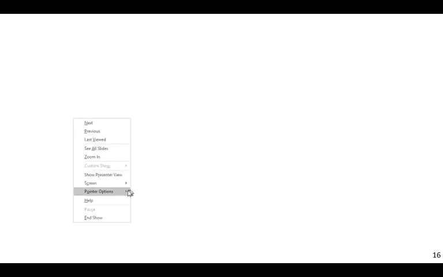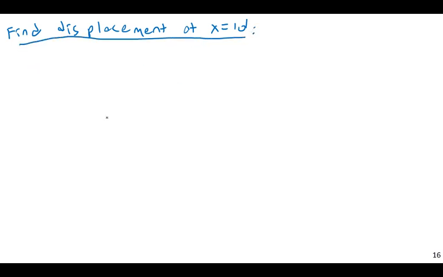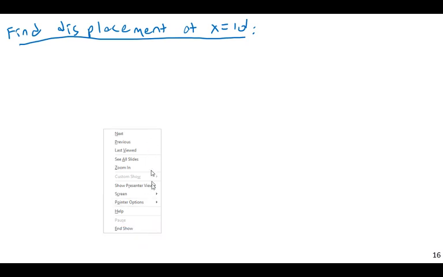And then a couple other things. Let me show how to apply this. Find displacement at the end. In other words, how far is this thing actually bending? X equals 10 feet. Well, it's going to end up just in terms of E and I, but that's okay.